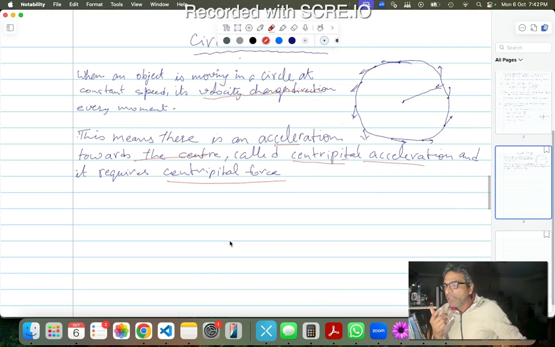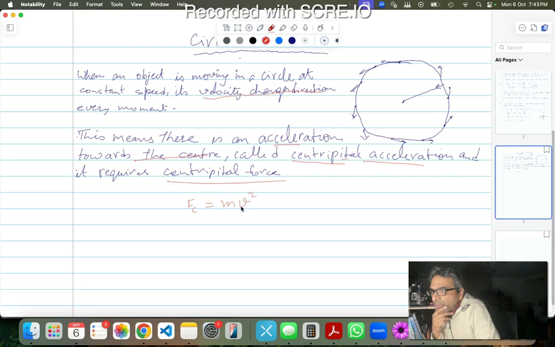How do we calculate the centripetal force? Fc equals mv squared over r.